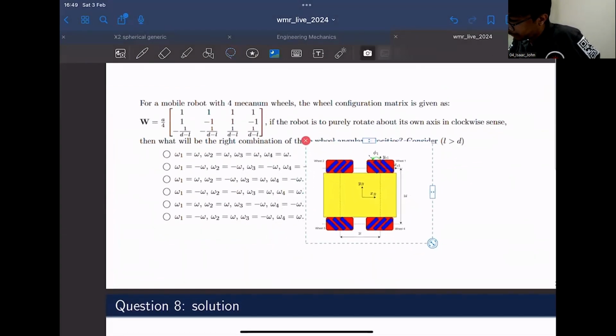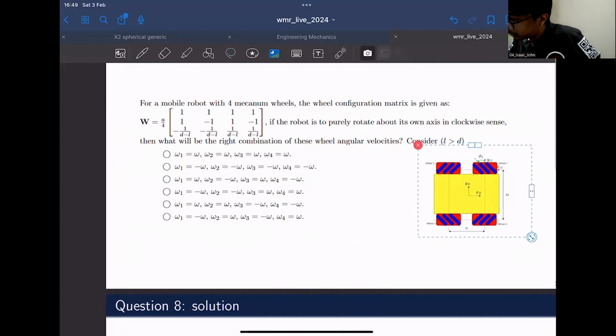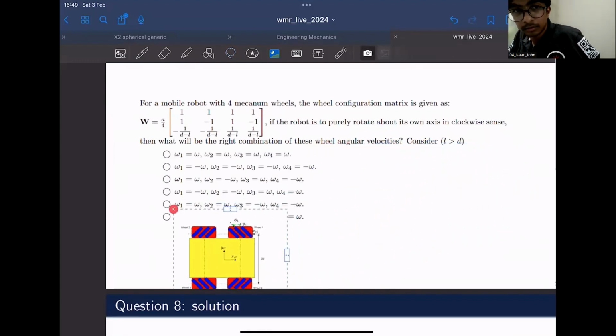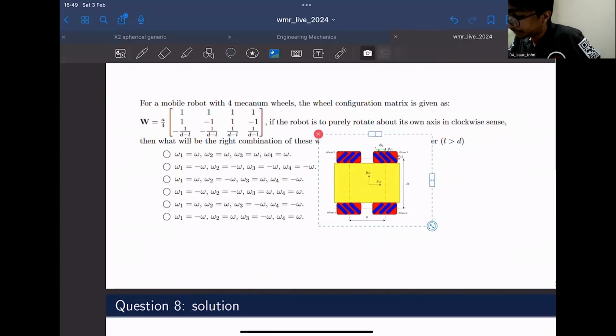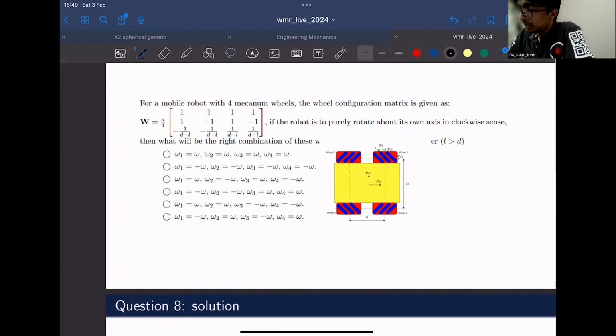So this is the mechanism wheel drive that we are talking about. I'll keep it here. So we have to find out the combination that will make the mobile robot purely rotate about its own axis in the clockwise sense.